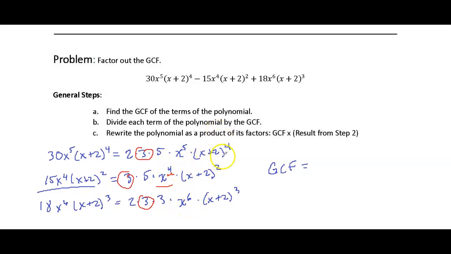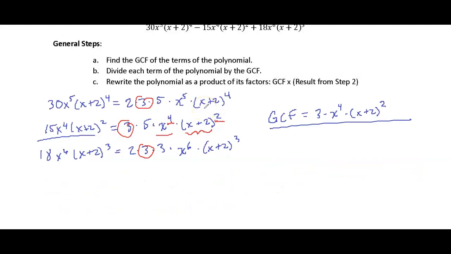And the x plus 2 factor has the smallest power of 2. These x plus 2 factors, or these kind of algebraic factors, binomials like this, are often treated like variables. So we can take a look at the expression that has the smallest power. So then our GCF will be 3 times x to the fourth times (x plus 2) to the second power.